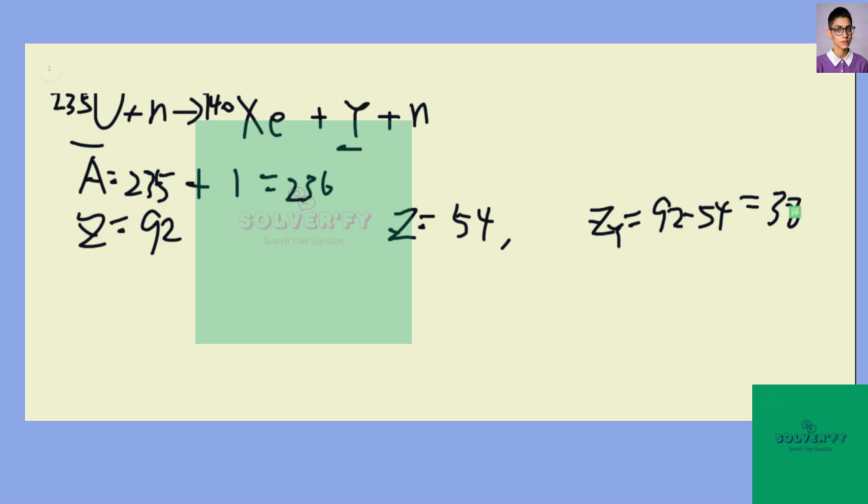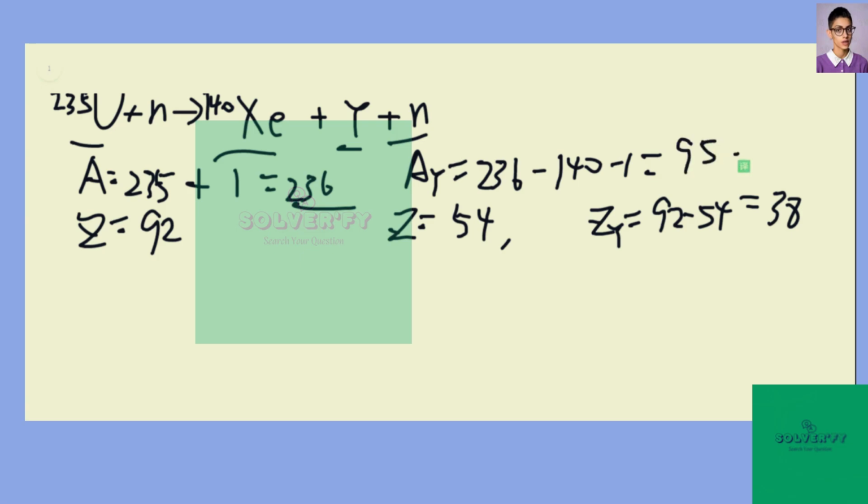And the total mass will be AY equal to the total mass on the left-hand side, which is 236, minus the mass of this one plus this one, which is 140, and minus 1. So the solution is 95. For the Y element, we have mass 95 and number of protons 38.